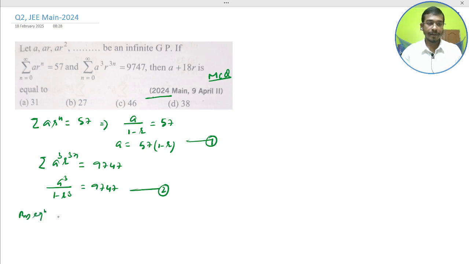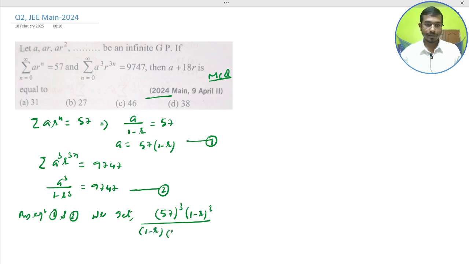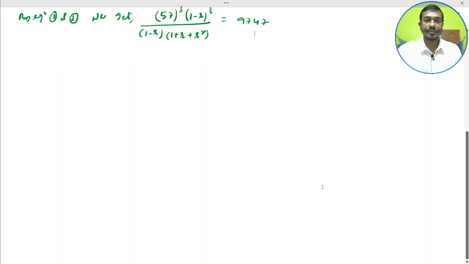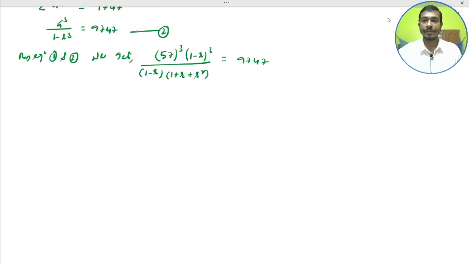By equations 1 and 2, we get 57 cube times (1 minus r) whole cube divided by (1 minus r), which gives 1 plus r plus r square, equal to 9747. Simple calculation.